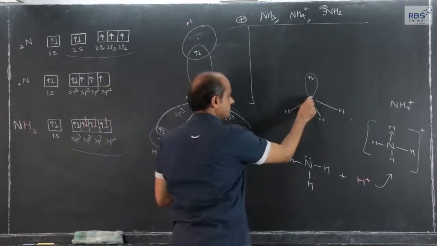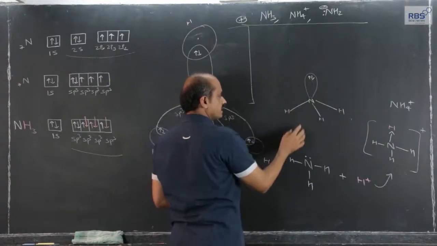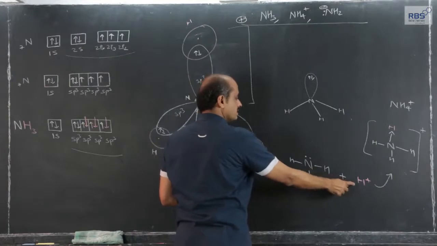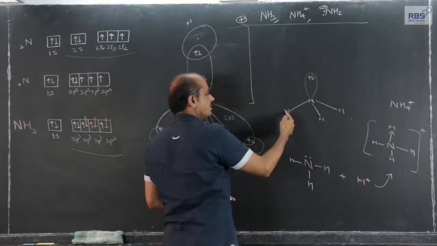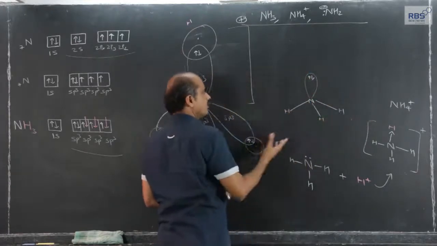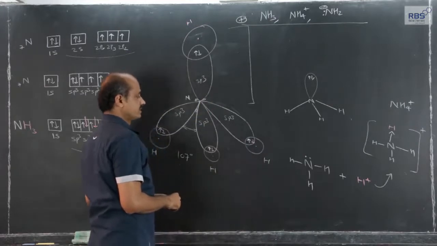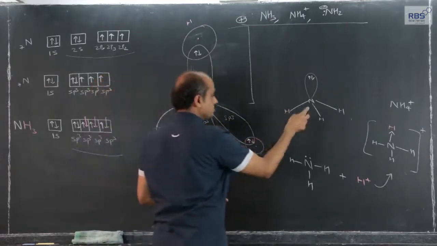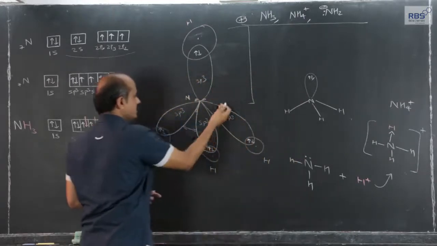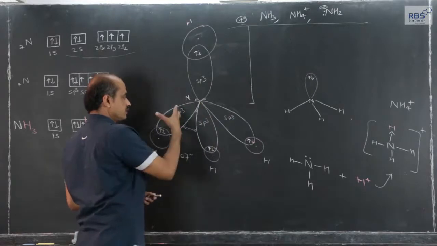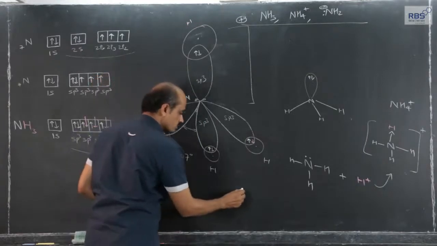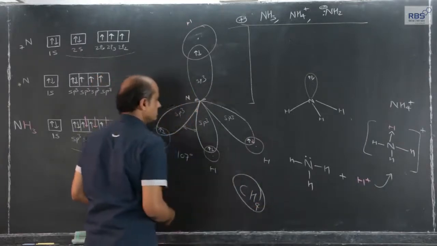Earlier it was 1 lone pair and 3 bond pairs, with pyramidal distortion. When the empty orbital of H plus ion overlaps here, all 4 become identical bond pairs, and therefore the distribution of all the 4 sp3 hybrid orbitals will be similar to carbon in methane.